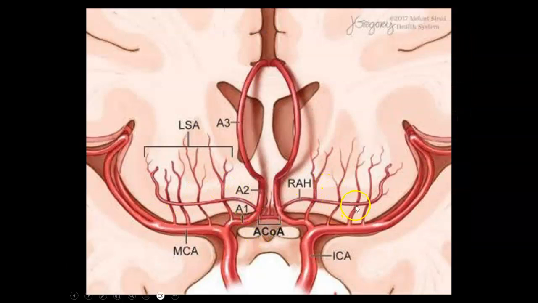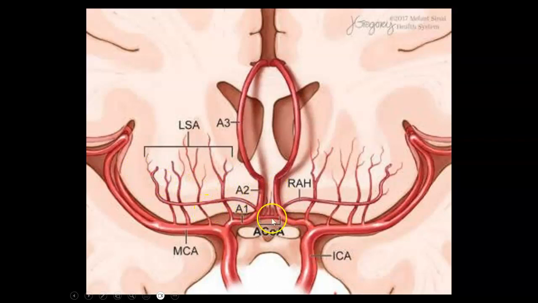And this is a coronal section in the brain showing the medial lenticulostriate group of the anterior cerebral artery, perforators from the A1, perforators from the anterior communicating artery, and the recurrent artery of Hubner arising from the proximal A2, distal to the anterior communicating artery, passing laterally, reaching the anterior perforated substance.